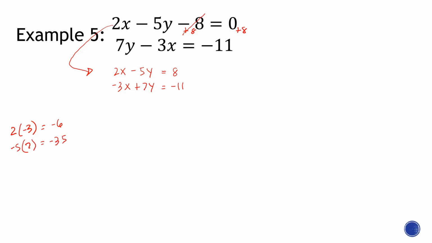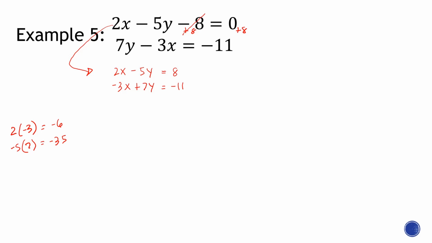So I will make either the x's or the y's, okay? I will make the x's be equal to negative 6, both of them, or the negative 5 and positive 7 be equal to negative 35. So the decision is yours. But here, I think I will just make the 2x and negative 3x be equal to negative 6x because it's a smaller number. Okay, it's less than 35.